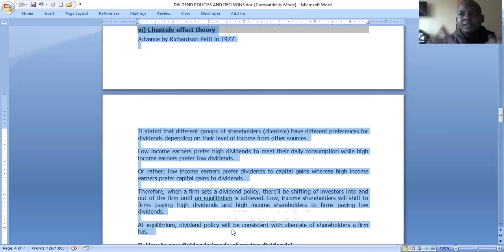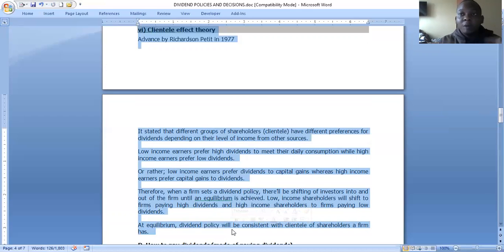And according to the clientele effect theory, the shareholders are divided into two clienteles, that is the low income earners and the high income earners. The low income earners prefer high dividends to high share prices. They prefer certainty. The low income earners will prefer high dividends to gains from the stock market.